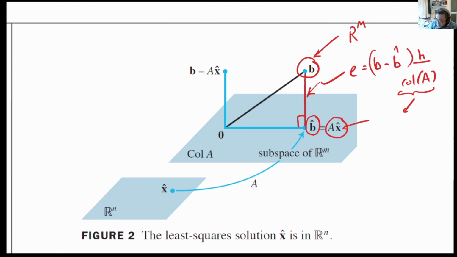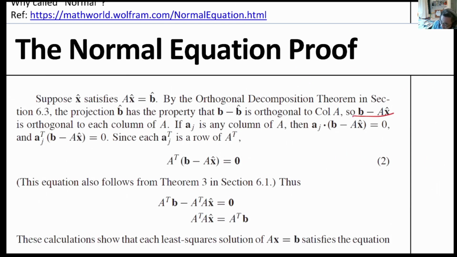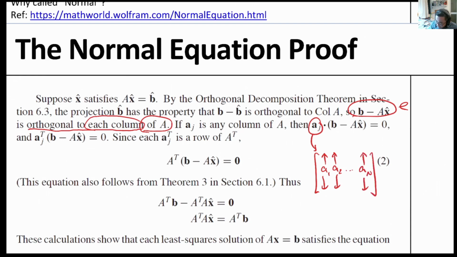The column space of A means any vectors made up by linear combinations of columns of A. In other words, the error vector e is orthogonal to all columns, each and every column of A. Therefore, if Aj is A1, A2, ... An, where this is the matrix A, Aj is each one of the columns, j equals 1 to n.